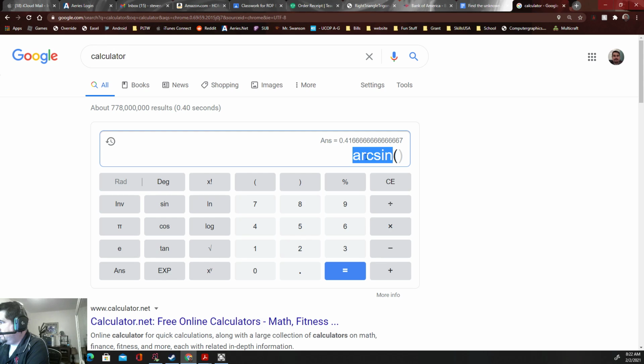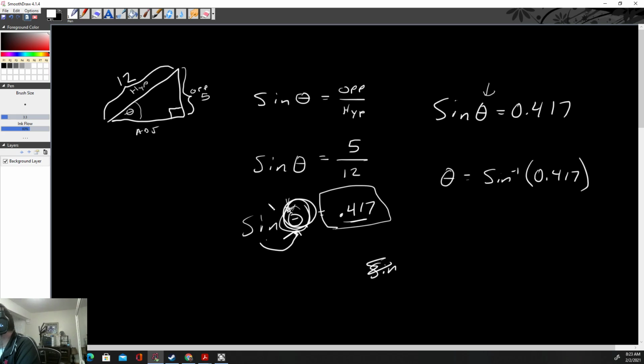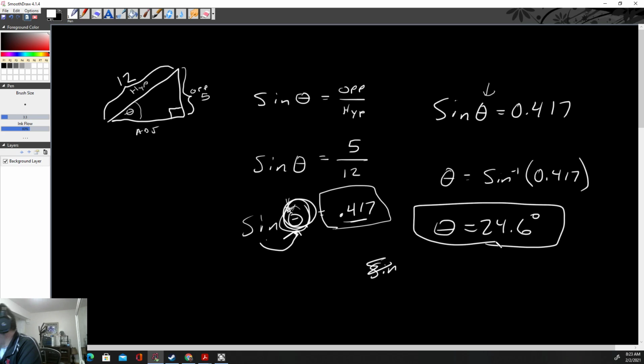Then I'm going to type in 0.417 and push equals, and it's 24 degrees. Make sure you're in degrees here. And that's 24.6 degrees. So the angle is equal to 24.6 degrees. And that's all there is to it.